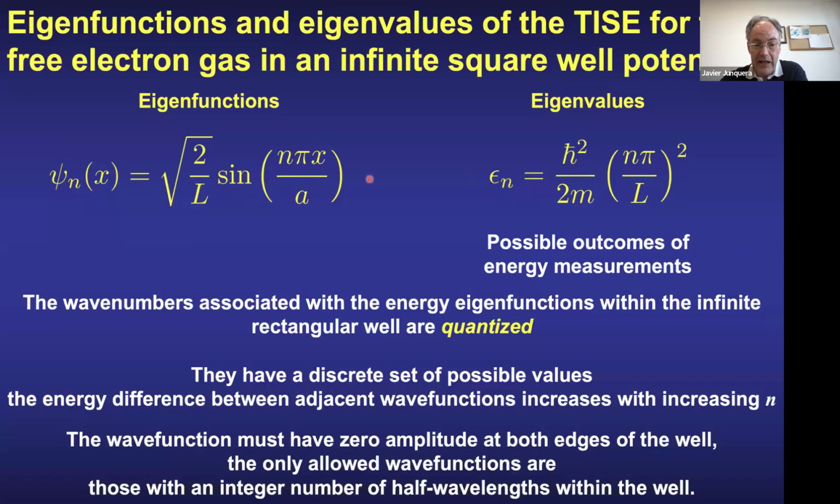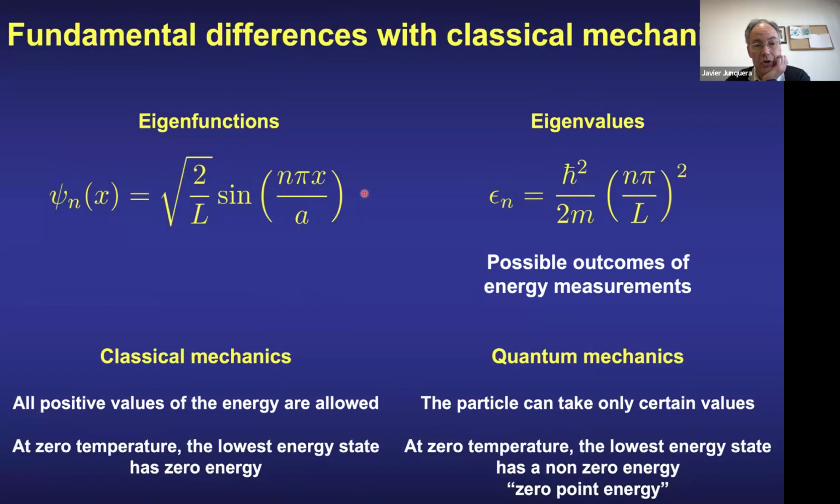So the wave function must have 0 amplitude at both edges of the well, and therefore the only allowed wave functions are those with an integer number of half wavelengths within the cell. So those are two important differences with respect to classical mechanics.